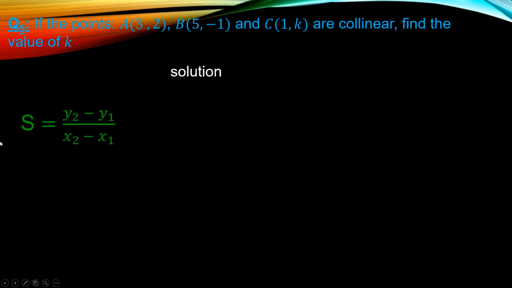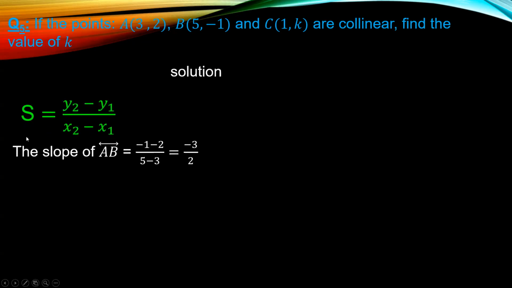So the slope of AB equals -1 minus 2 over 5 minus 3. It will be -3 over 2.